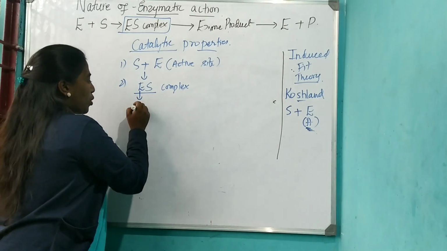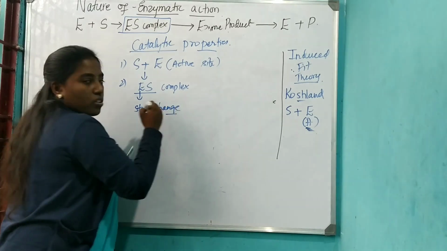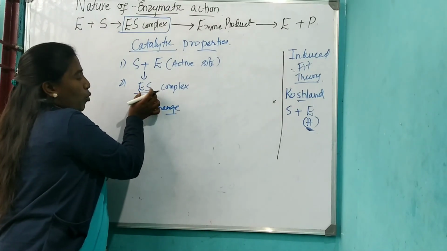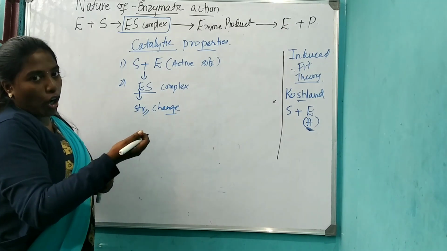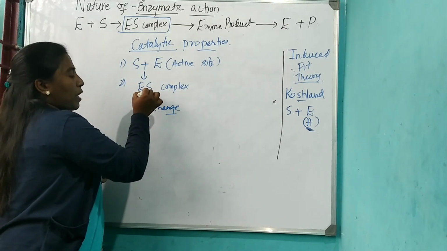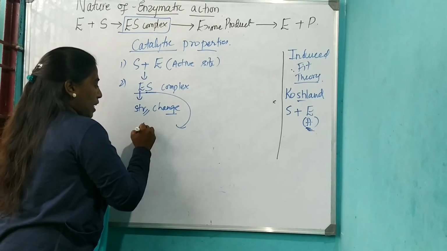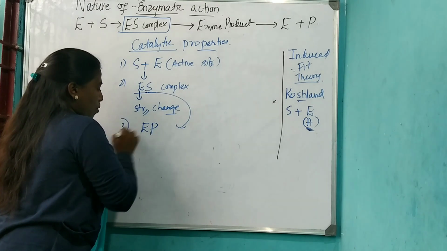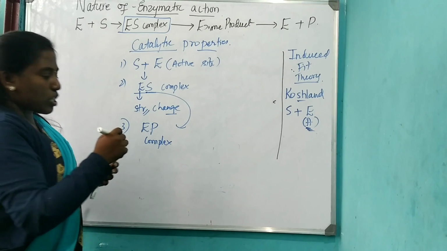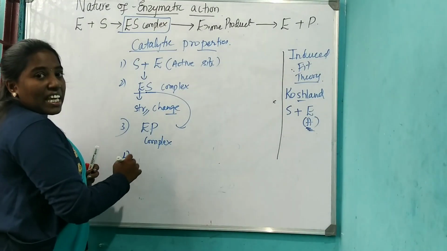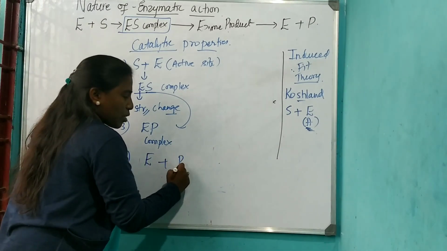Due to the structural change, the enzyme holds the substrate tightly and it helps in the bond formation and breakdown. Later, the enzyme substrate complex is transformed into an enzyme product complex. As the enzyme product complex is formed, the enzyme releases the product.